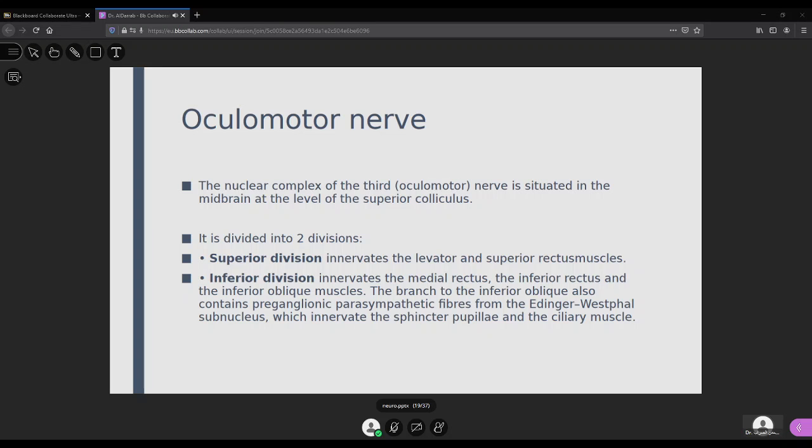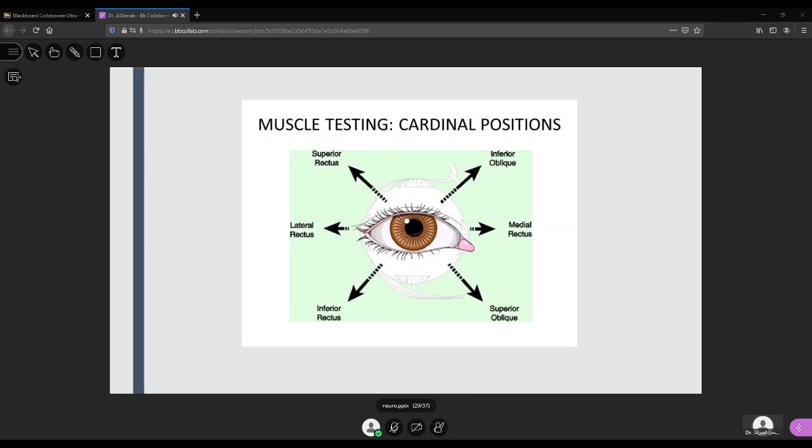The branch of the inferior oblique also contains preganglionic parasympathetic fibers from the Edinger-Westphal nucleus. It's very important. The Edinger-Westphal parasympathetic fibers are with the branch of the inferior oblique as well. So the parasympathetic will innervate the sphincter pupillae and ciliary muscles. This is very important.